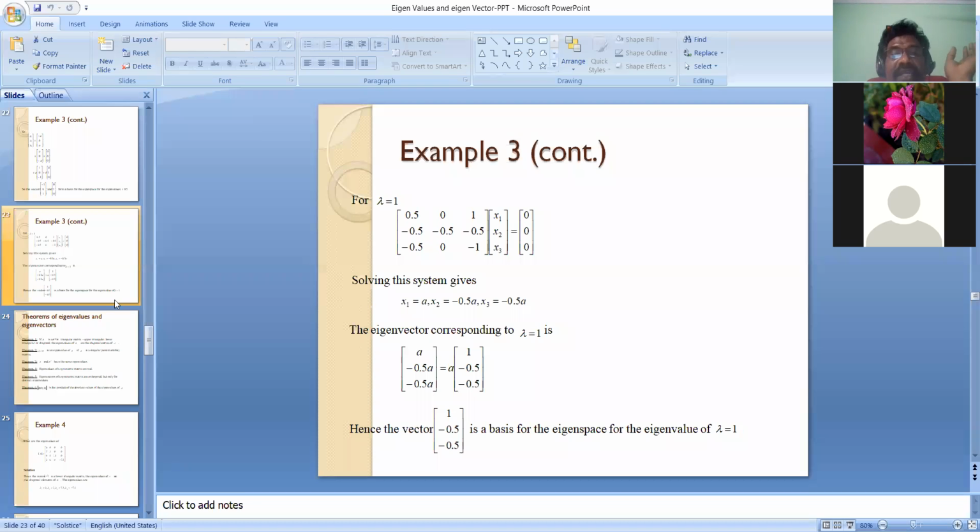Linearly independent eigenvectors. Next, we have to find the eigenvectors corresponding to lambda equal to 1.